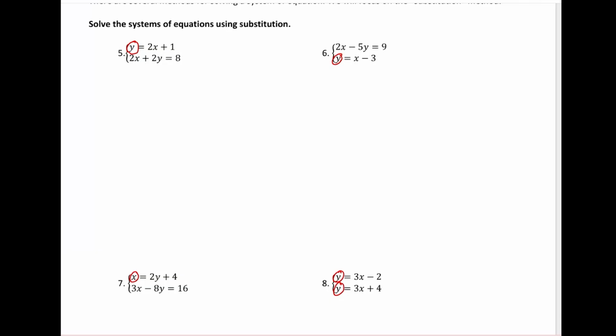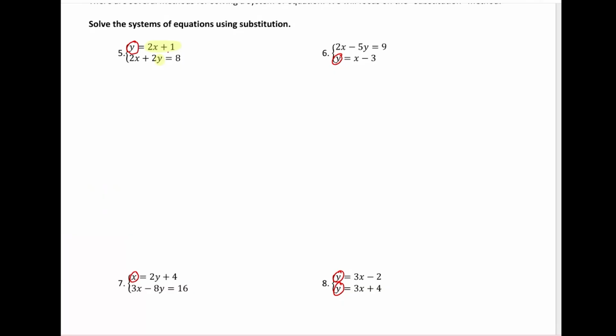So for number 5, since y equals 2x plus 1, and this is why it's called the method of substitution, we can substitute that 2x plus 1 into y in the other equation. If 2x plus 1 is y, then we can take that 2x plus 1 and replace y with that.